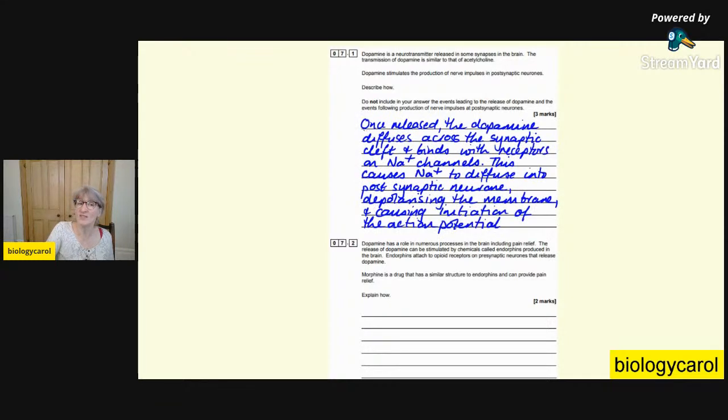So my answer, I've deliberately started it once released. So we've got the dopamine released from the presynaptic neuron.